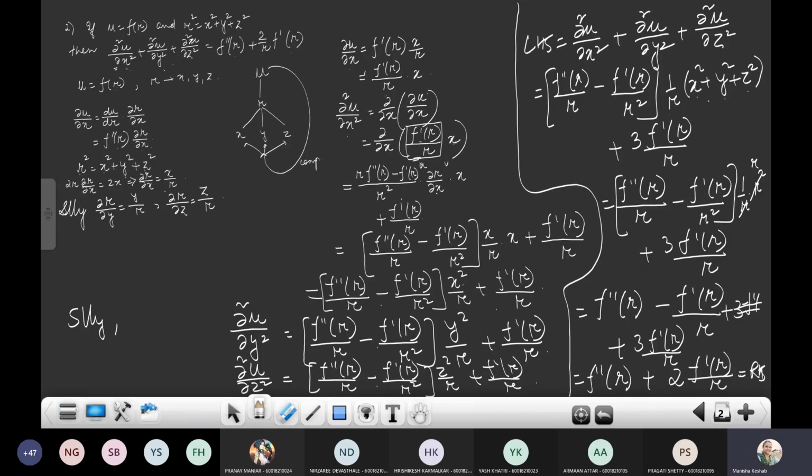The only thing is that you should not consider, at any given point, that r is not a function of x, y, z. Many times students make this mistake. When you are finding del u del x or del u del y, everybody usually does that part correctly.